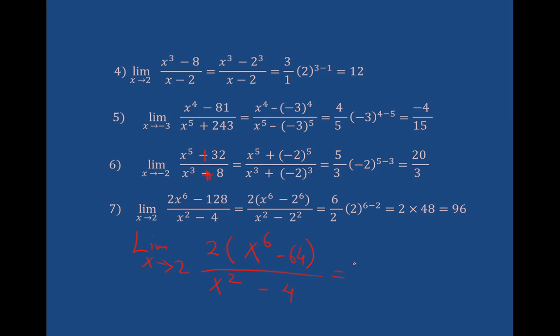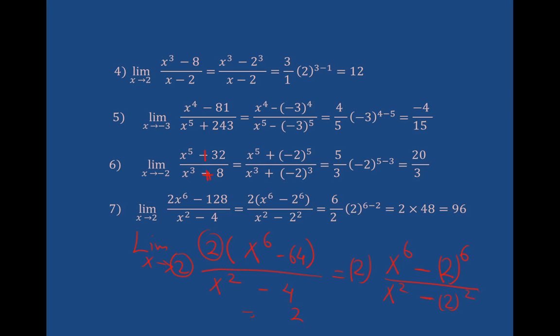Then I write 2, then x power 6 minus 64 should be written as a, which equals 2 raised to the same power of x, 2 power 6, over x squared minus 4, which equals 2 power 2.